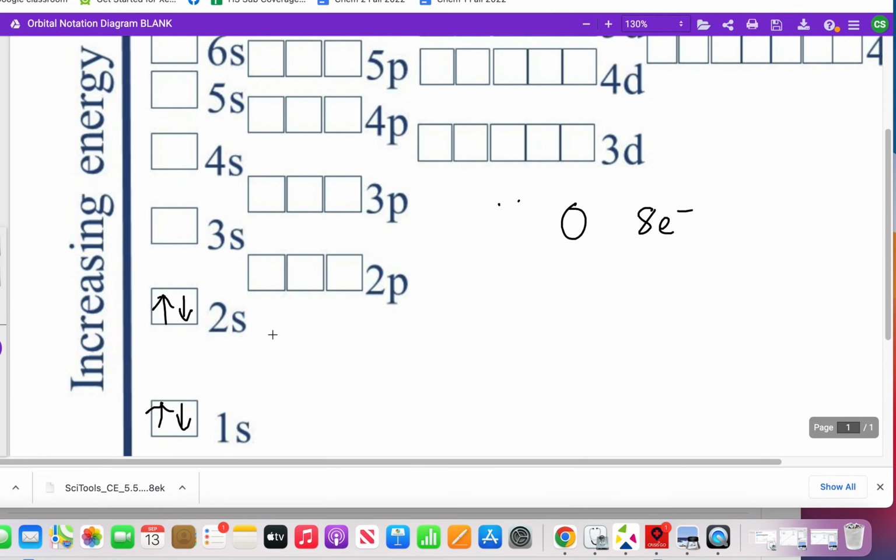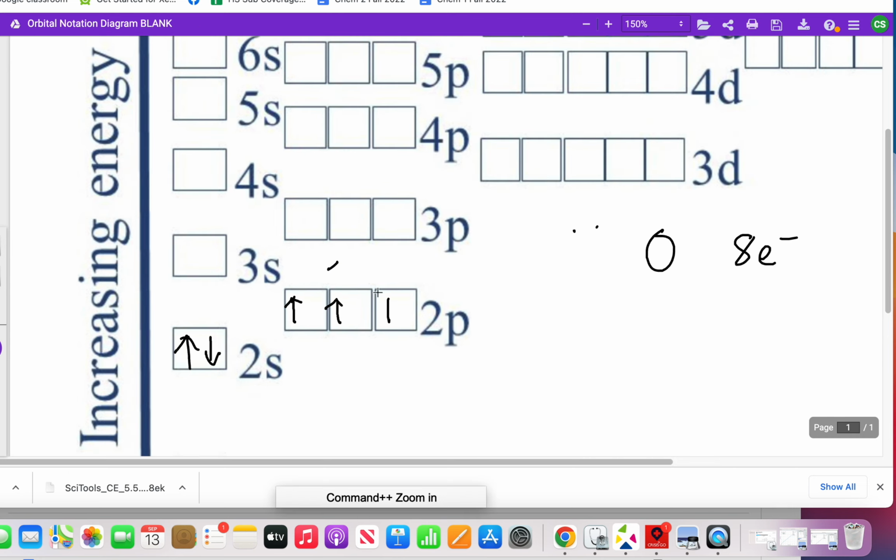Now Hund's rule states that when you have orbitals of equal energy, each gets 1 electron before they pair up. Now I've got 4 more to put in because I already put 4 in. So Hund's rule says each orbital of equal energy gets 1 electron before any get 2. So I put 1, 2, 3.